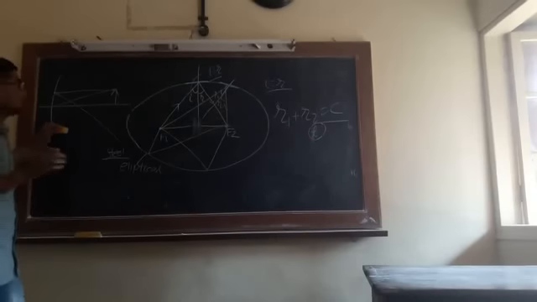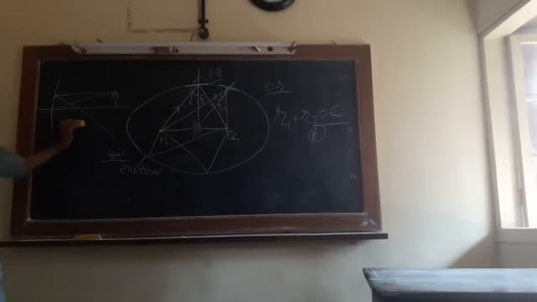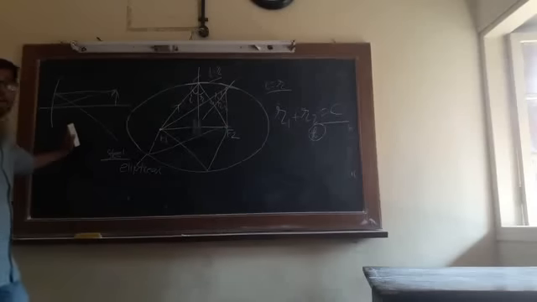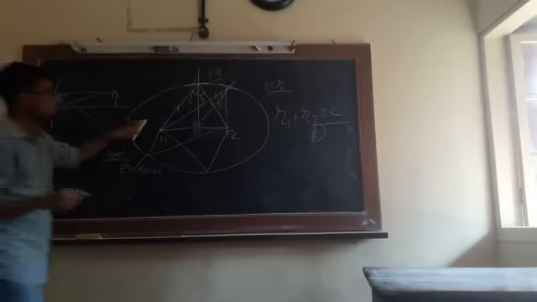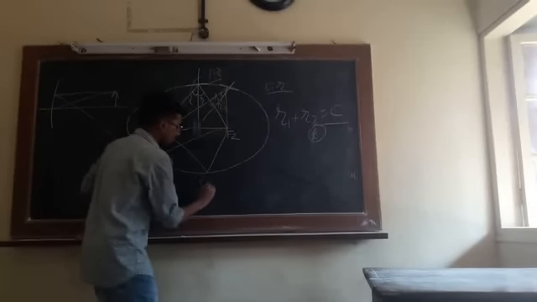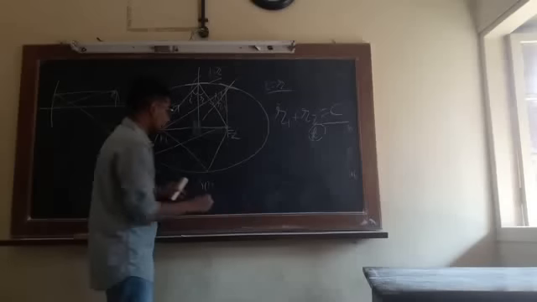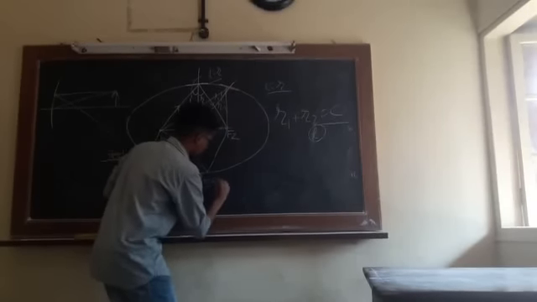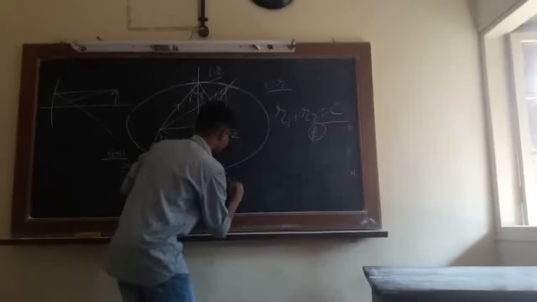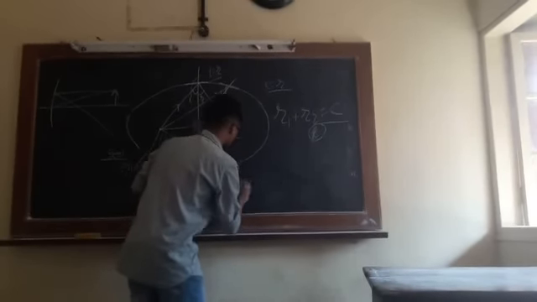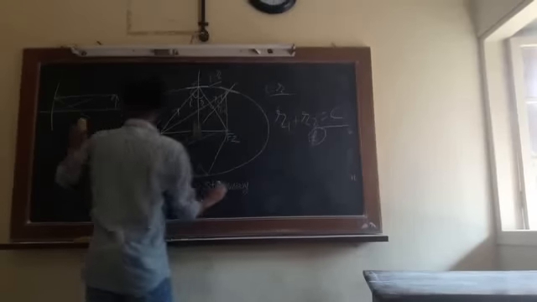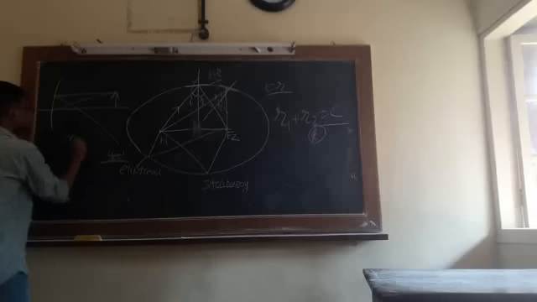The time taken by this ray will be the maximum. It means here the law of least time is not followed, and here the time taken is similar for all the cases. It is a stationary time. Stationary time, and here the time taken is maximum.